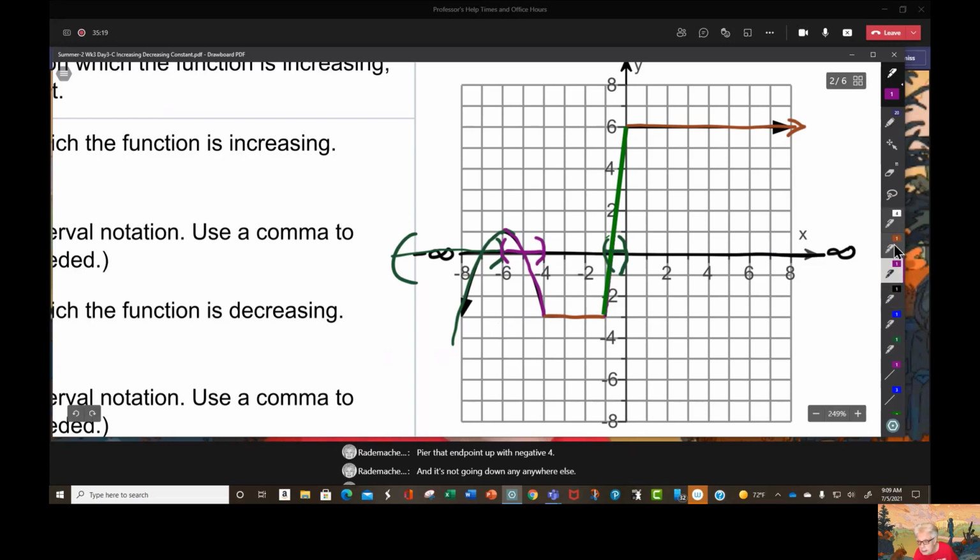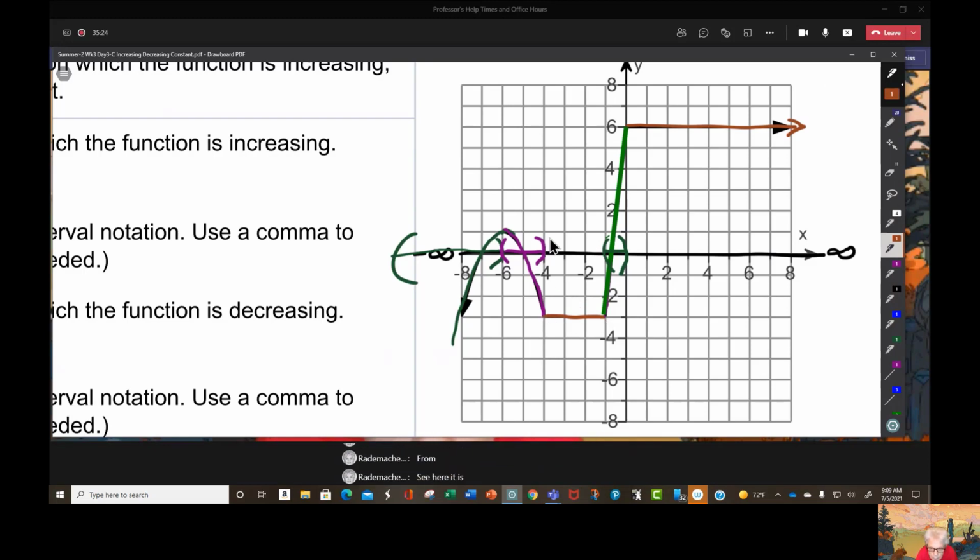And constant from, see here it is there, so from -4 to -1, and from x equals 0, the y-axis, all the way out to positive infinity.